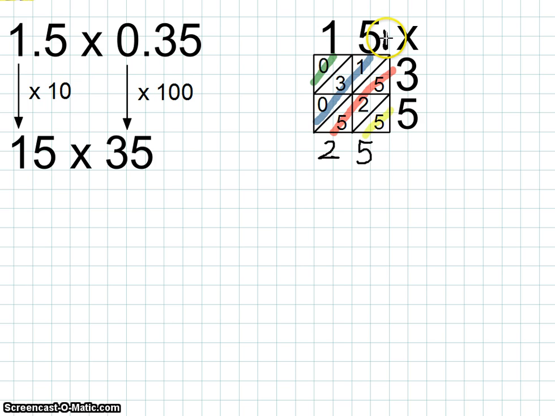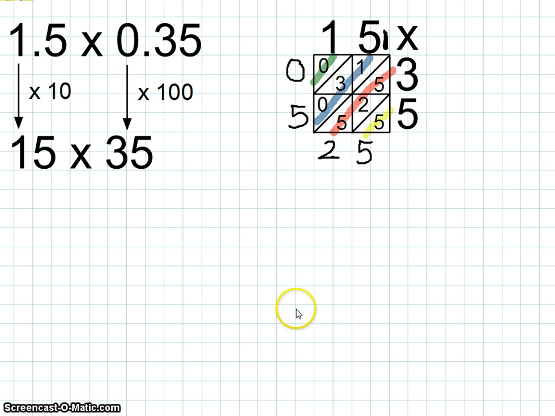Okay, and 1 plus 1 is 2, plus 3 is 5, plus 0 is still 5, so we write the 5 like that. And then again, for this line here we only have the number 0, so we can write the number 0 like that.